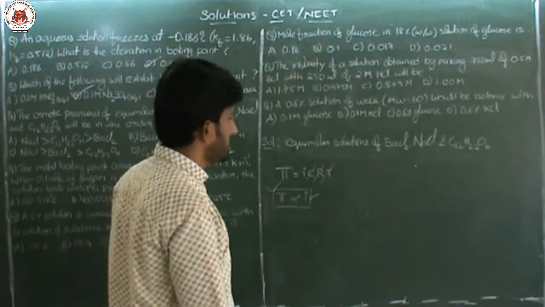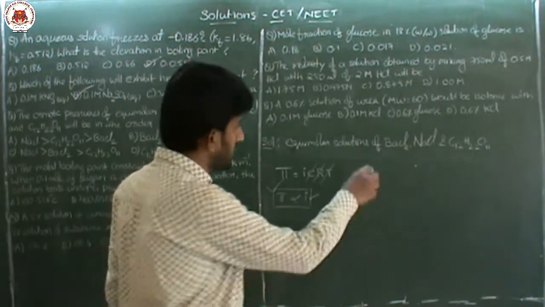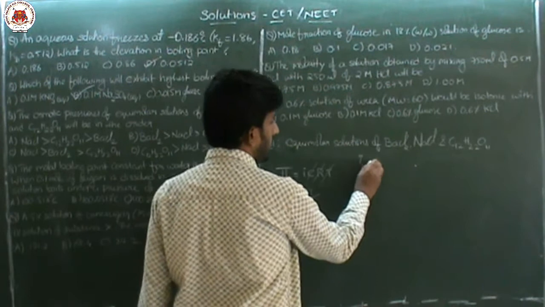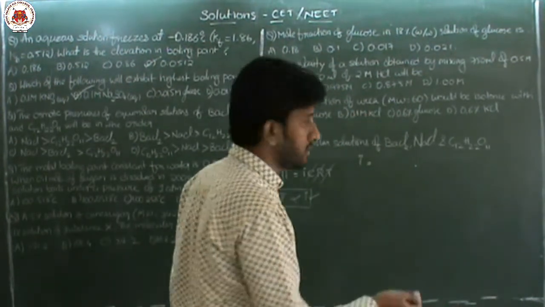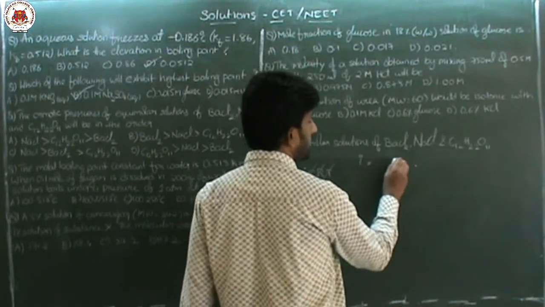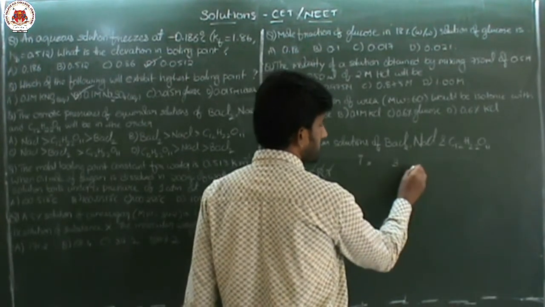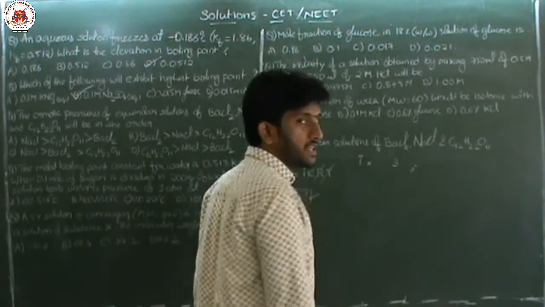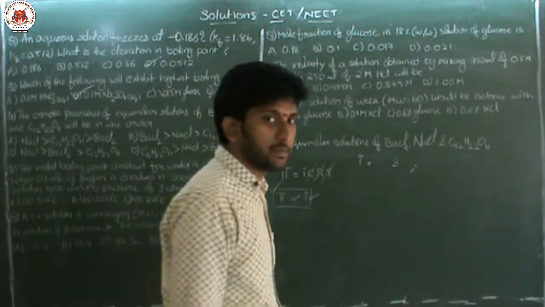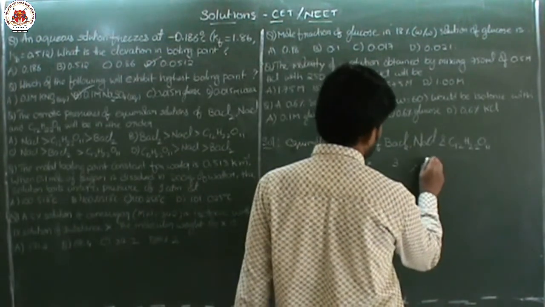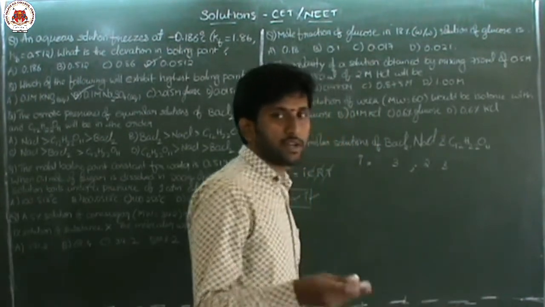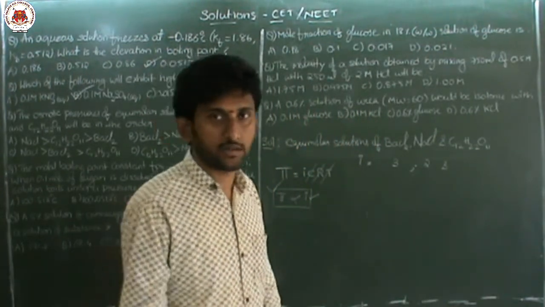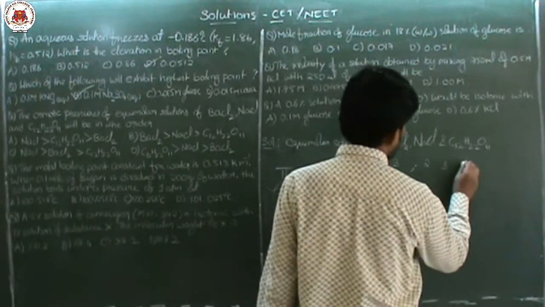Now check the i values of these given compounds. i value of BaCl2: 1 barium ion, 2 chloride ions. So what is the i value of BaCl2? 3. i value of NaCl: Na+ ion, Cl- ion means 2. And i value of the sugar molecule: sugar will neither undergo dissociation nor association, so you should take it as 1.